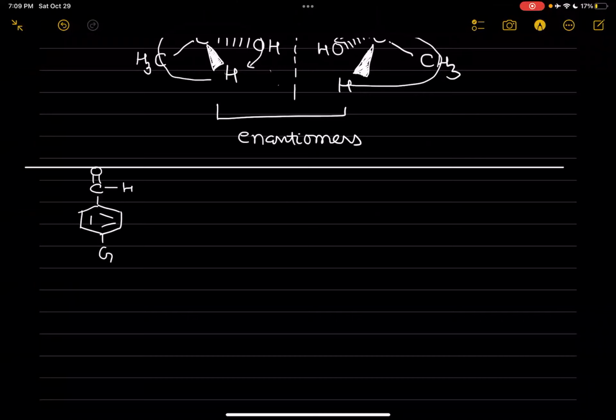Or if you try to compare the rates, how is this group G going to affect it? This may also come. Suppose I put an NO2 group, or I put OCH3.